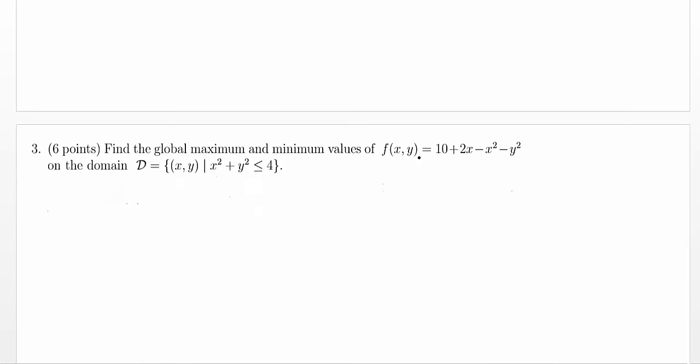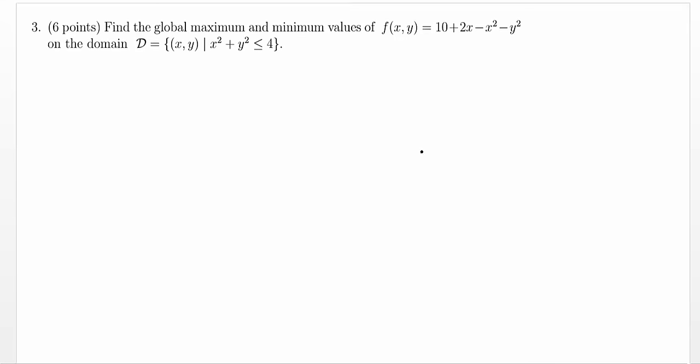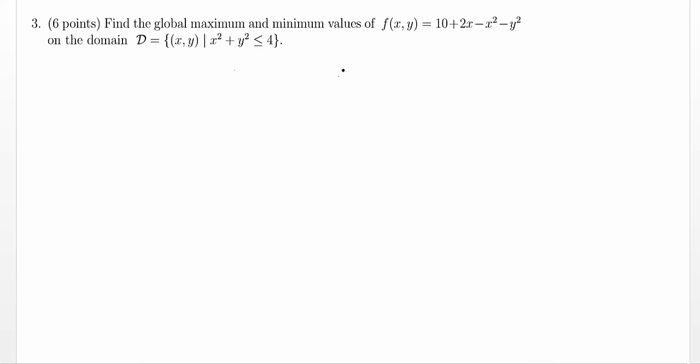Okay, problem 3. Find the global maximum and minimum values of f of x, y, as defined by this function, on this domain: all x, y such that x squared plus y squared is less than or equal to 4. So it's a good idea to start by graphing our domain and seeing what we're working with. It doesn't have to be perfect, just a real quick sketch.